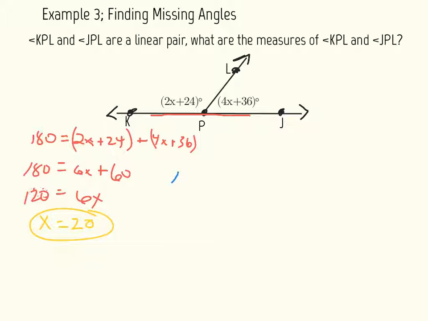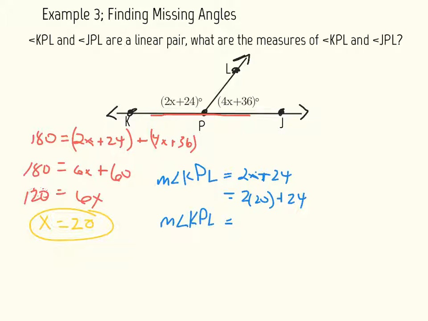So the measure of angle KPL is going to equal 2x plus 24. So 2 times 20 plus 24. So the measure of angle KPL is going to be equal to 64 degrees.